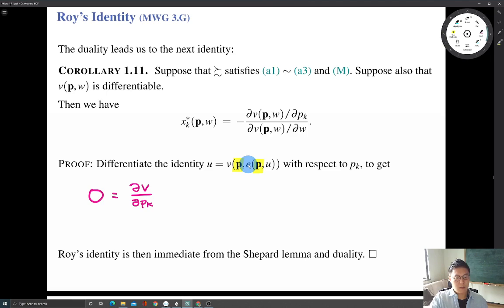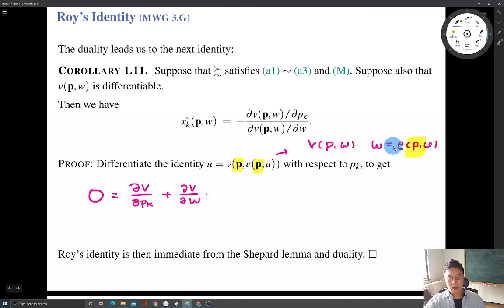And remember, this can be written as v of p comma w, and w is e of p comma u, and p sub k appears here. Okay, so using the chain rule, we first take the derivative with respect to w, and then multiply by the derivative of this with respect to p sub k.